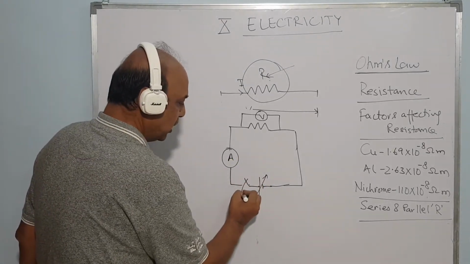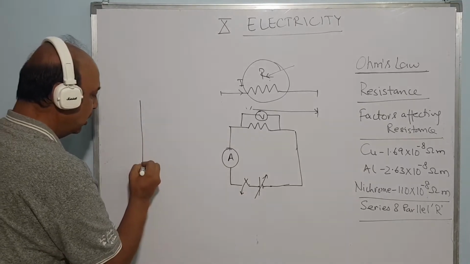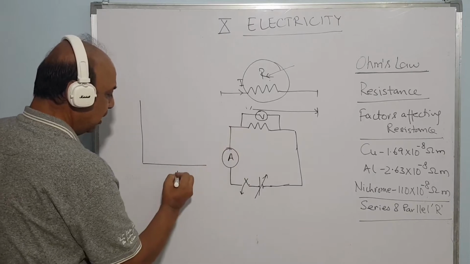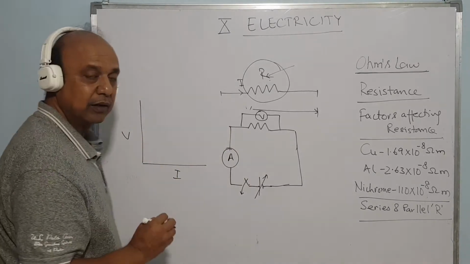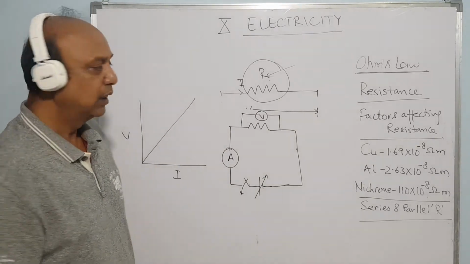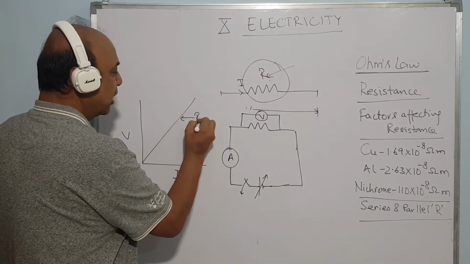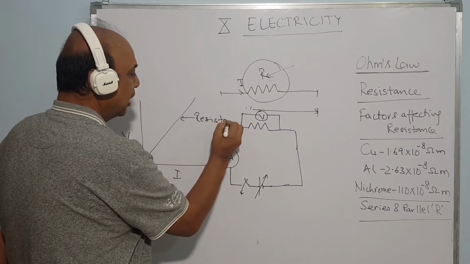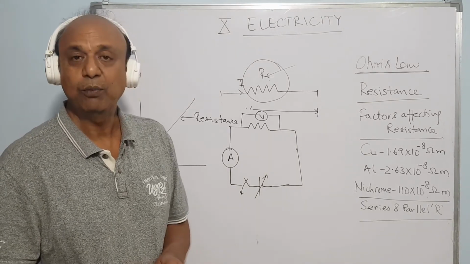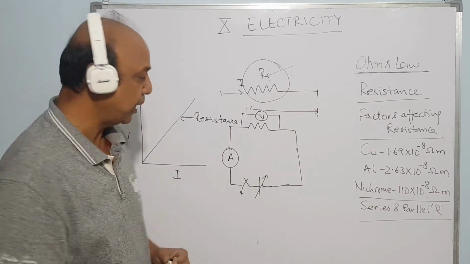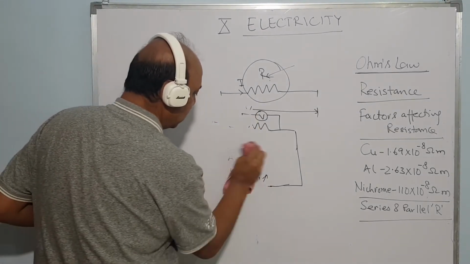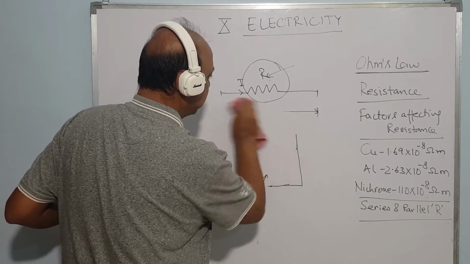If we close this and record the readings of current and voltage, we see it is a linear graph. This linear graph is nothing but showing the resistance of that particular material. I hope you will be doing this experiment in your practical classes. If not, this is only for the information.